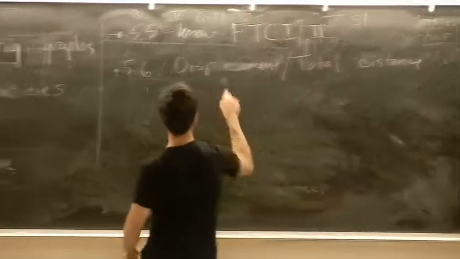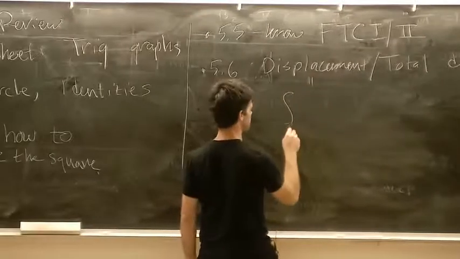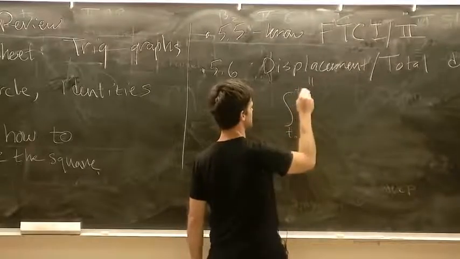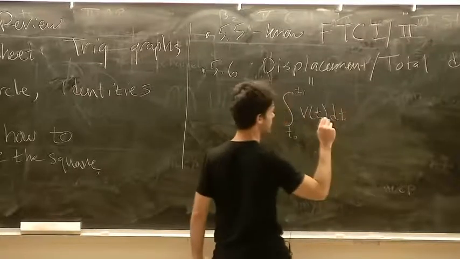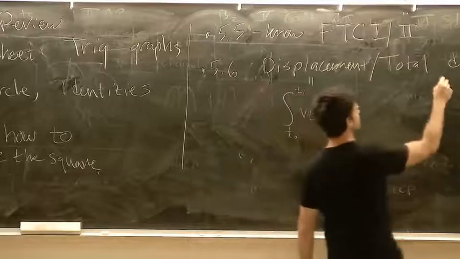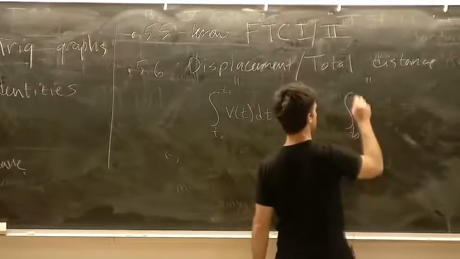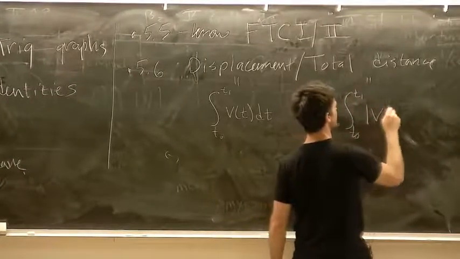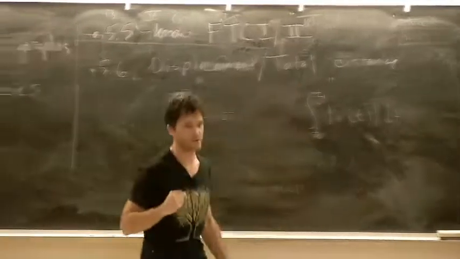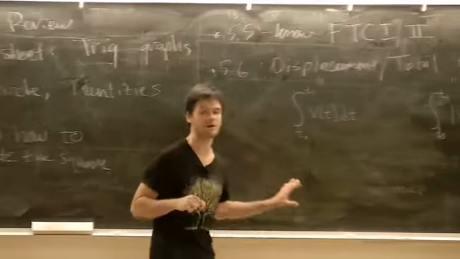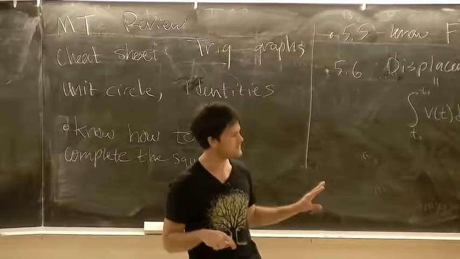Displacement is the integral from time 0 to time 1 of your velocity, whilst total distance is the integral from time 0 to time 1 of the absolute value of your velocity. Those formulas aren't too hard to memorize.